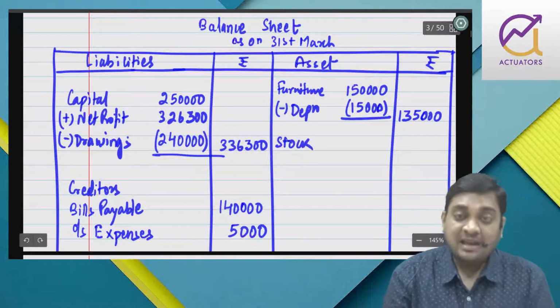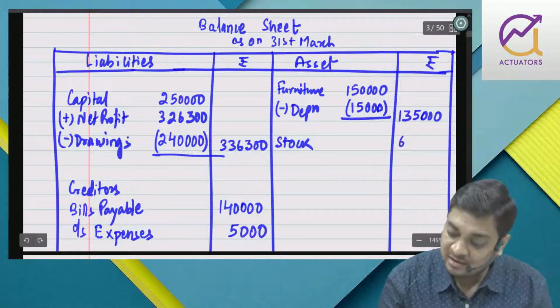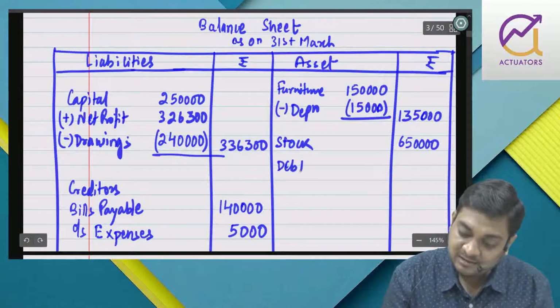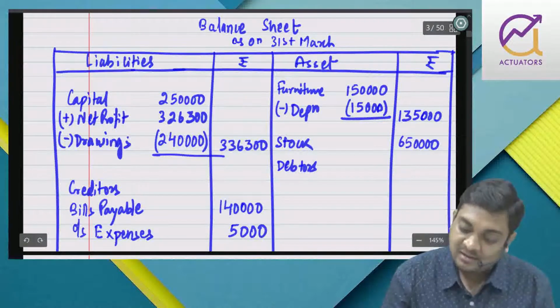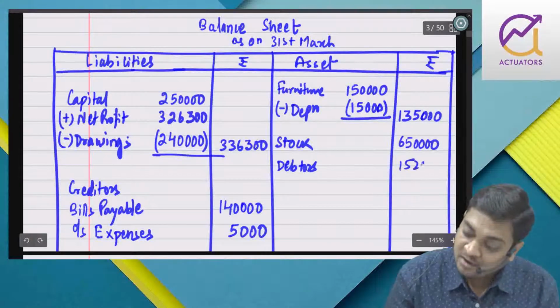Assets: I have the opening asset less depreciation. Then stock I have 6,50,000. Debtors I have 152.